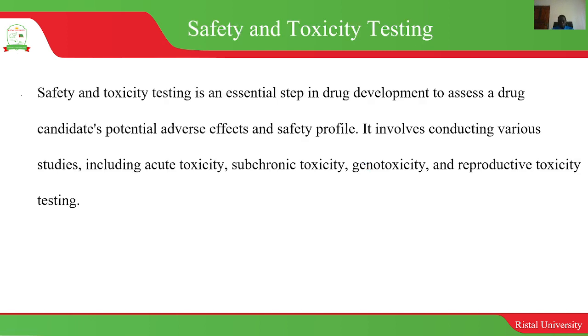Safety and toxicity testing. Safety and toxicity testing is an essential step in drug development to assess the drug candidate's potential adverse effects and safety profile. It involves conducting various studies, including acute toxicity, subchronic toxicity, genotoxicity, and reproductive toxicity testing.